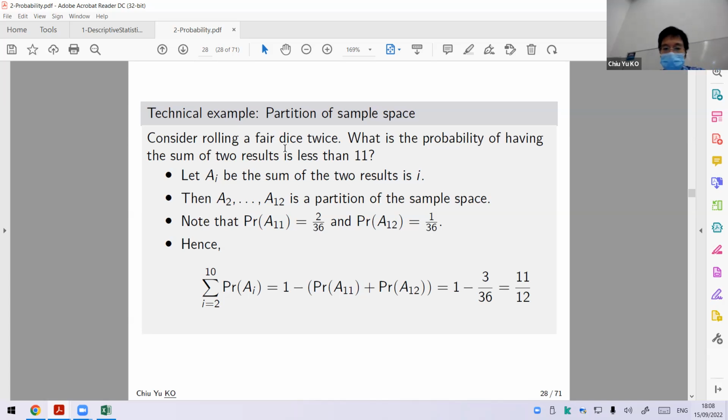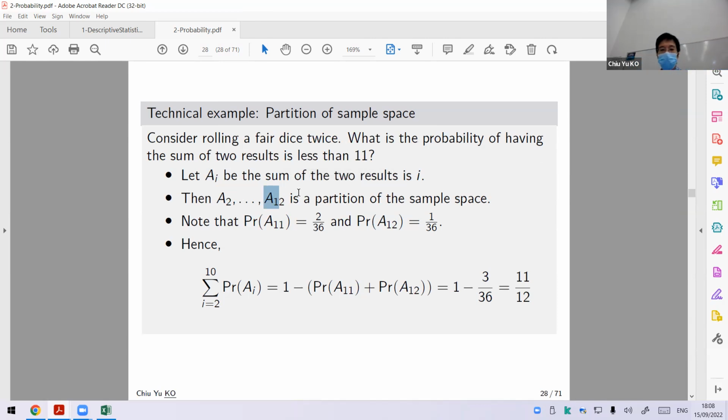But actually you can consider the following: you do the partition. Ai is the event that the sum of the result is i. You can partition the sample space into A2 up to A12, because the minimum is 2 and the maximum is 12, which is 6 and 6. You cannot have 1.